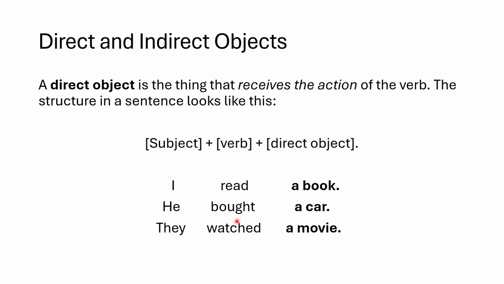He bought a car. They watched a movie. A book, a car, and a movie are all direct objects. They receive the action of the verb.